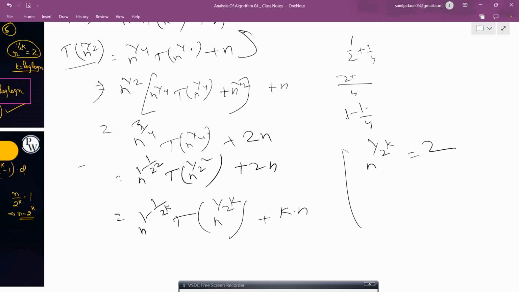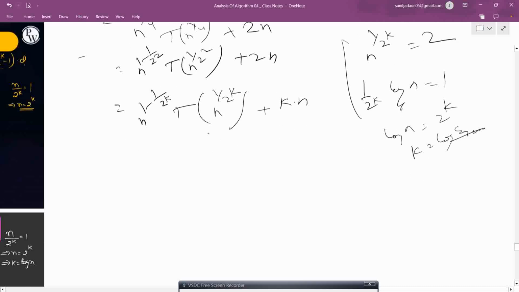So what we can do, take log 1 by 2^k log n is equal to 1. Log n equal to the power k, right? Equal to log n, right?